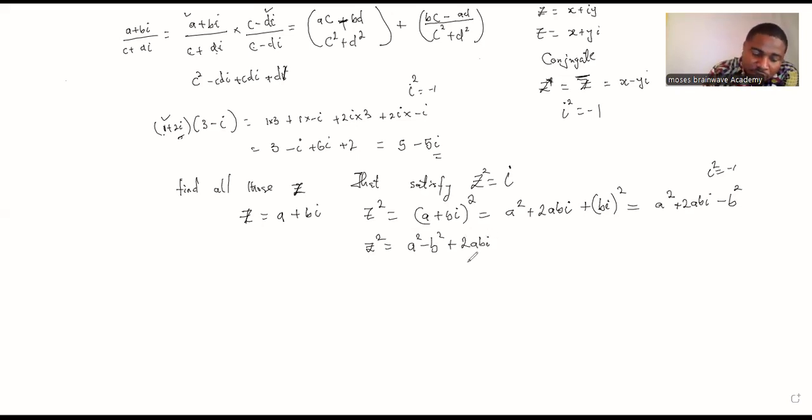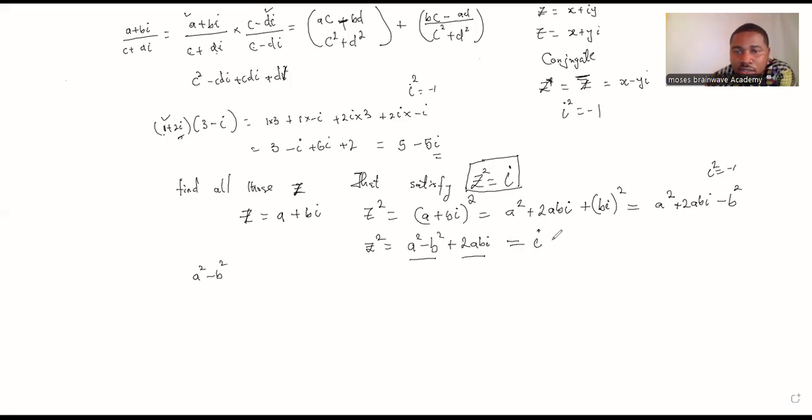Good. Now, since we can equate the real part and the imaginary part of our particular equation, this is the real part and this is the imaginary part, and we know that this is equal to i from this particular expression over here. So we can equate the real part and the imaginary part together. So we are going to be having a squared minus b squared.